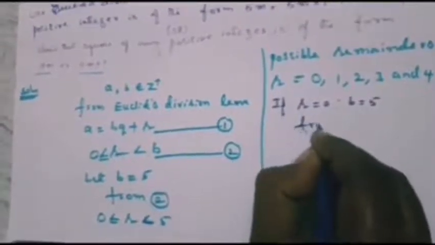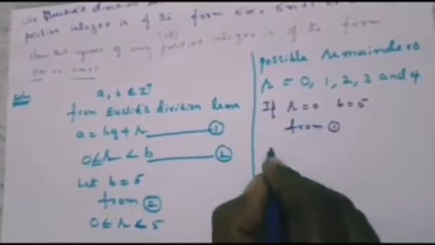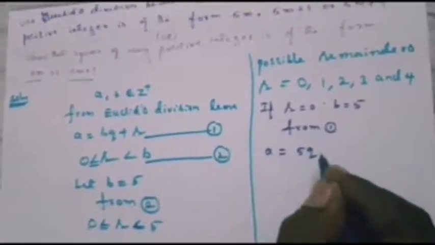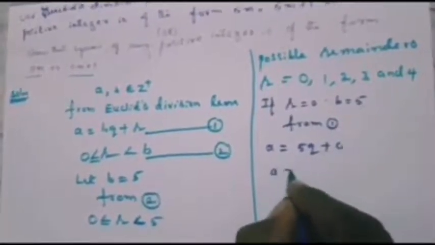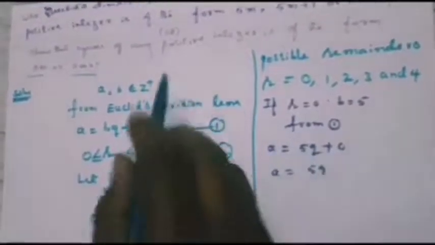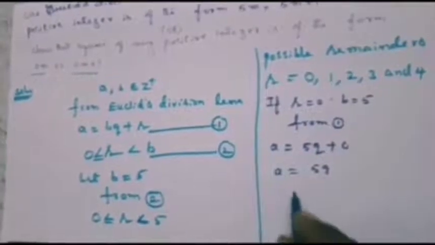It is 5 from equation number 1. So a equals bq plus r, b is 5, r is 0. a equals 5q, because 5q plus 0 is 5q. The question says square of any positive integer, that's why I am squaring both sides.